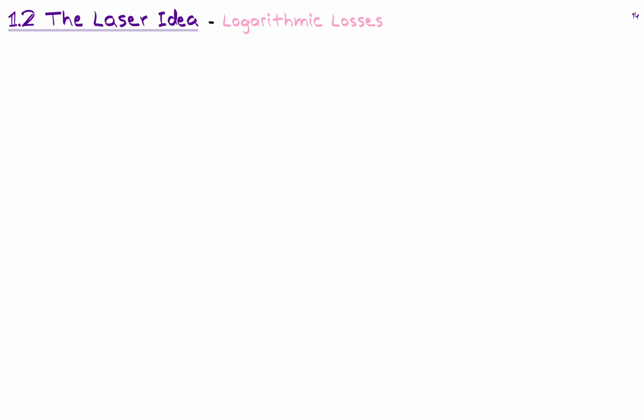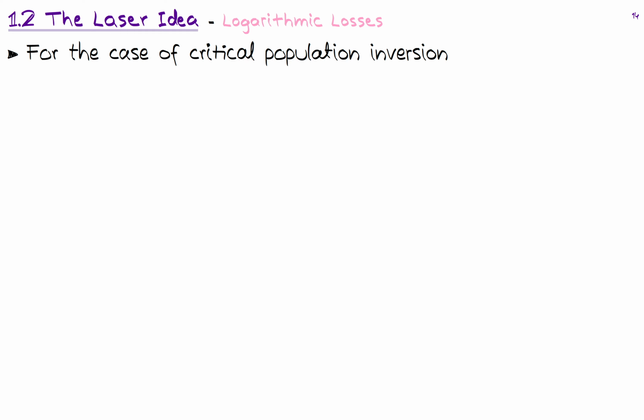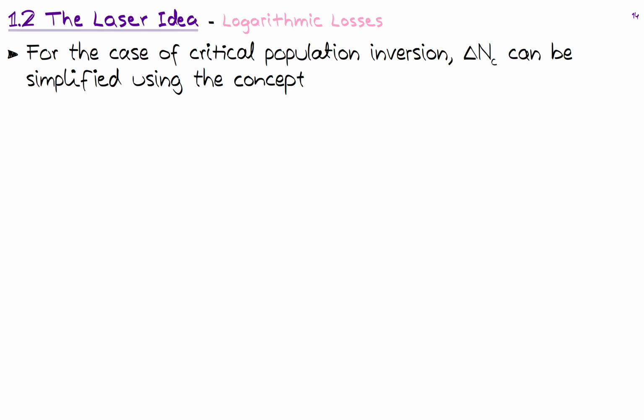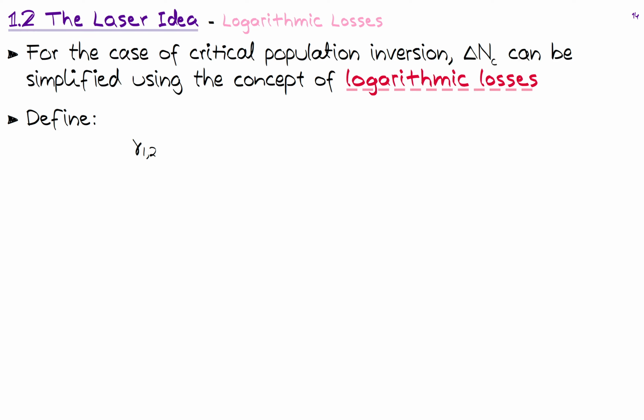And then a few words about logarithmic losses. So now for the case of critical population inversion, delta NC, we can really simplify this term by using the concept of logarithmic losses. So let's define a gamma term. So gamma 1 or gamma 2, for example, would be minus the natural logarithm of the mirror reflectivity.